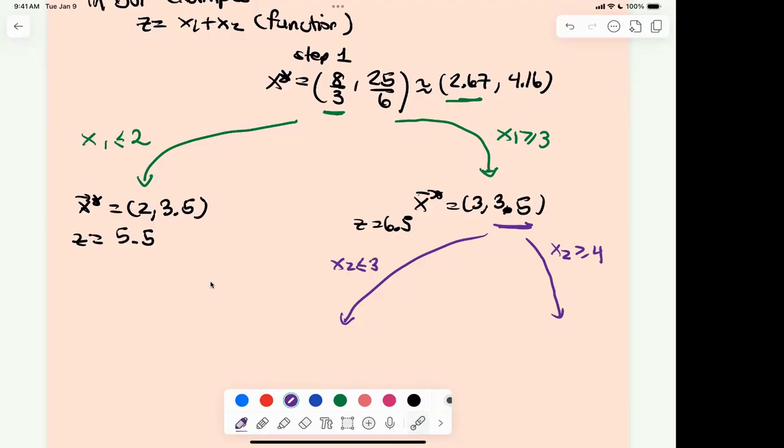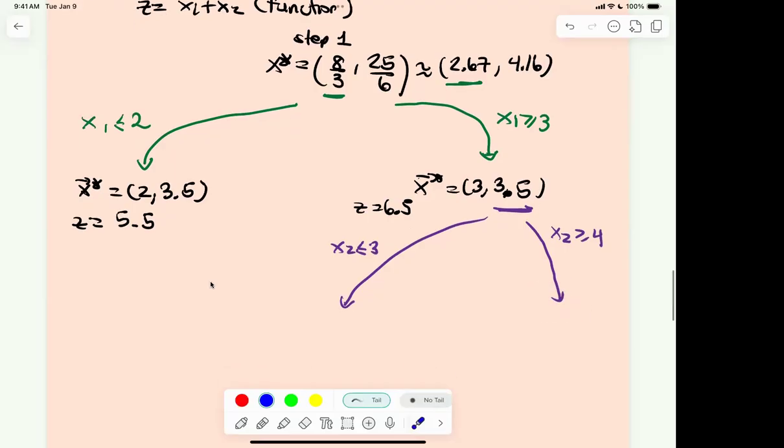Now, in this picture, if you remember, once you are here, there's nothing, that's an empty region. There was nothing above 4. So you can stop. You don't have to worry about this sub case. But in other situations, there could have still been something there.